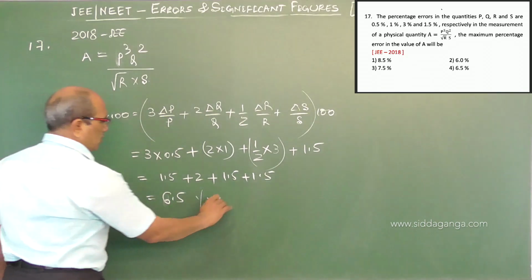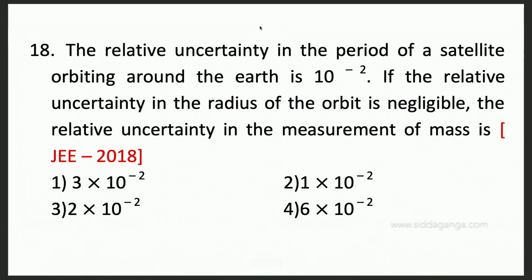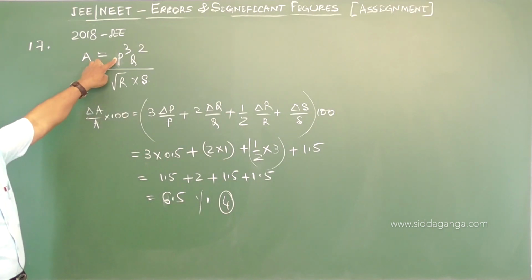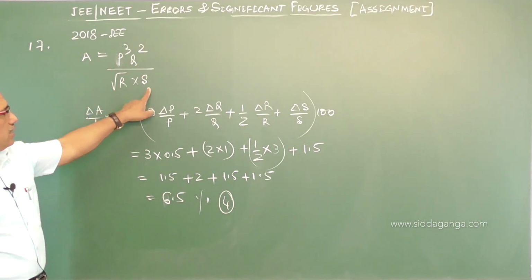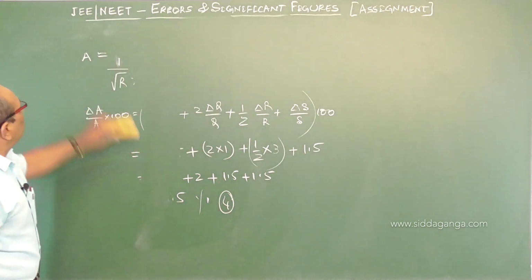Option is the fourth one. It is a direct relation: 3 times effect, 2 times, half times and only 1 time. So coming to the next question.